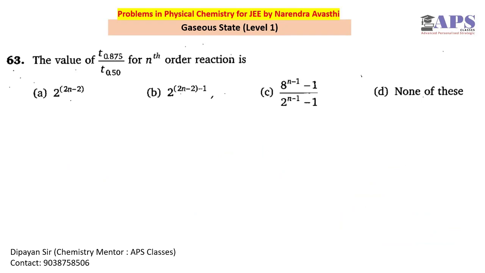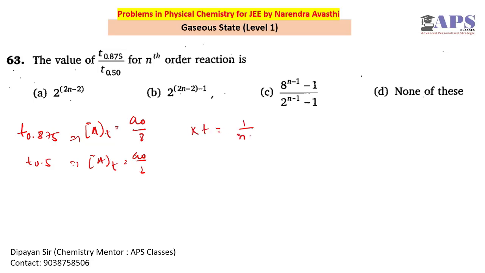Moving forward to question number 63. T 0.875 is possible when At equal to A0 by 8, and T 0.5 is possible when At is A0 by 2. So for any nth order reaction we can write Kt equal to 1 by n minus 1 times (1 by At to the power n minus 1 minus 1 by A0 to the power n minus 1).